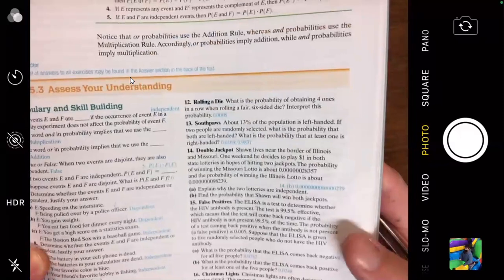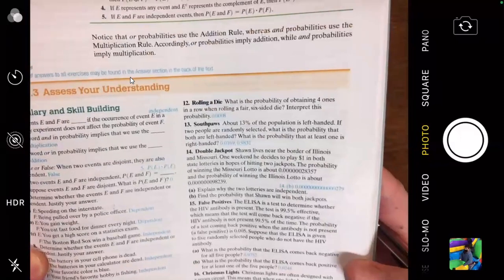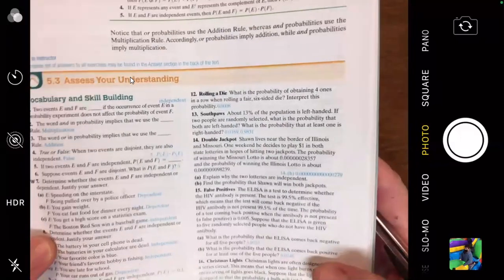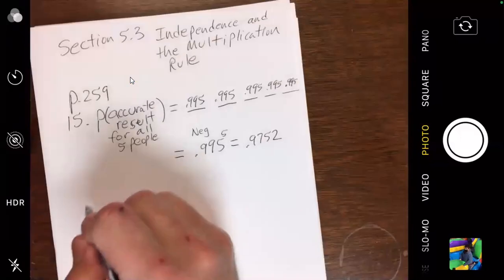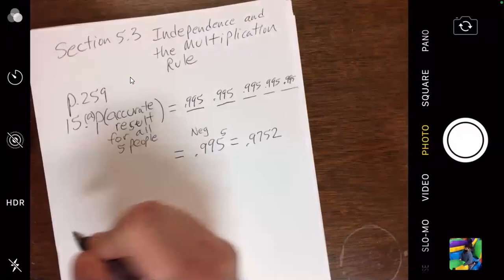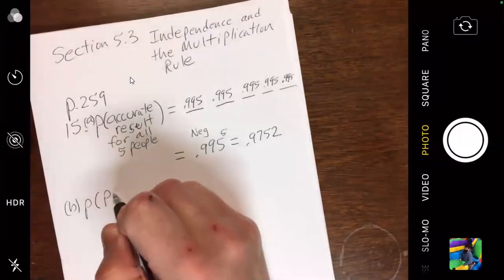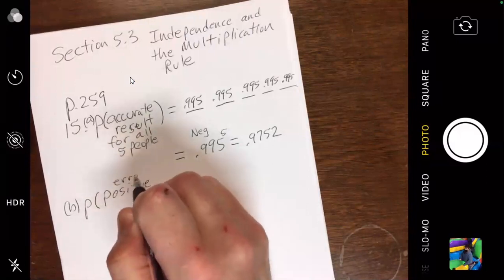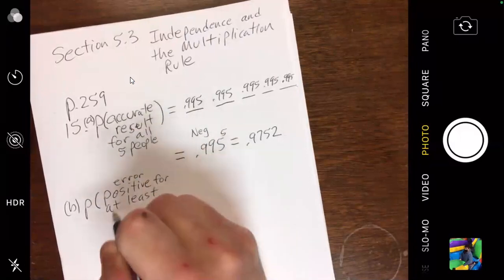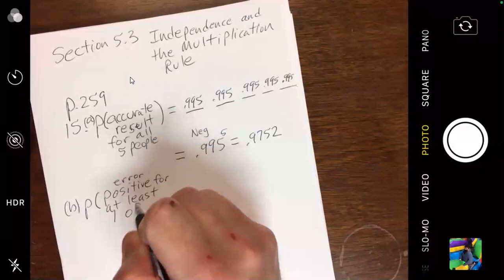All right, what is the probability that the ELISA comes back positive for at least one of the 5? There's that at least again. This is the probability of a positive, which basically means an error, for at least one of 5.